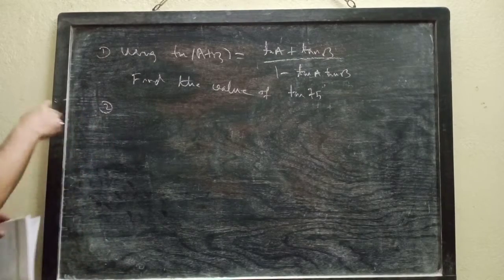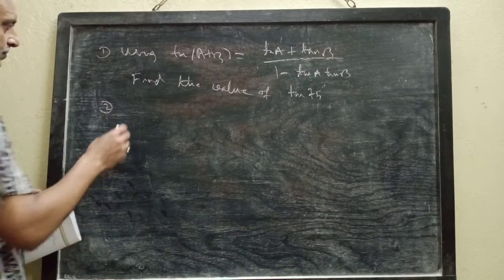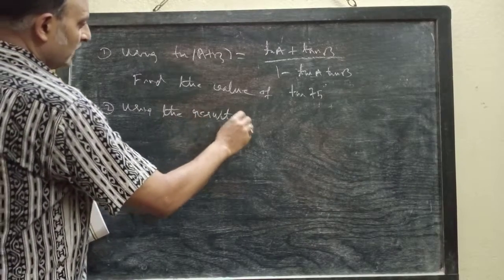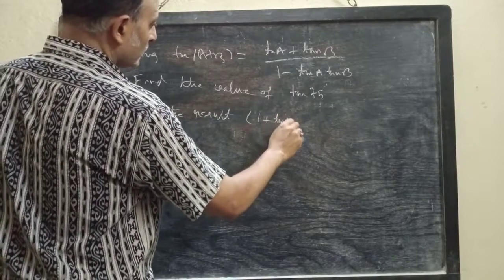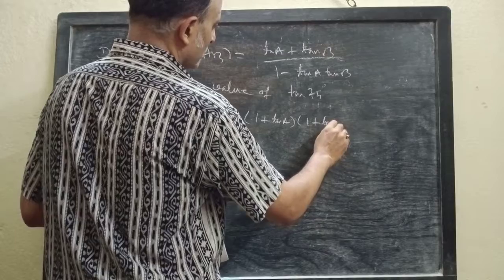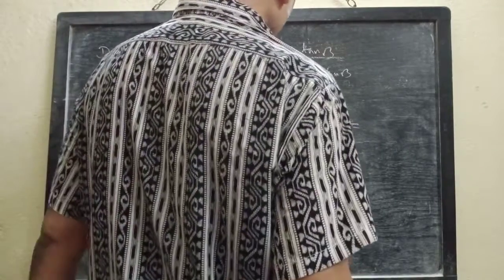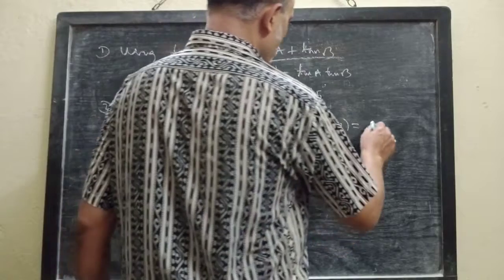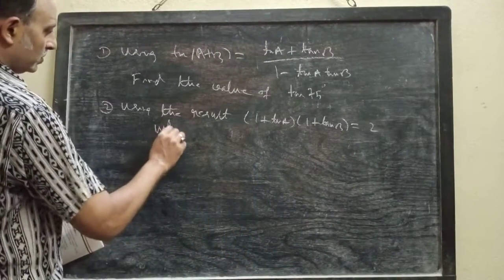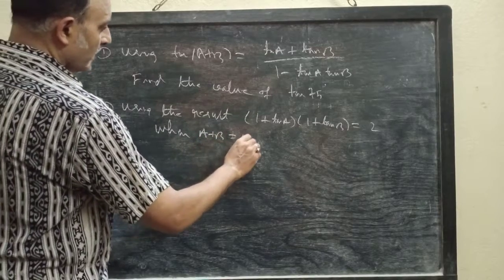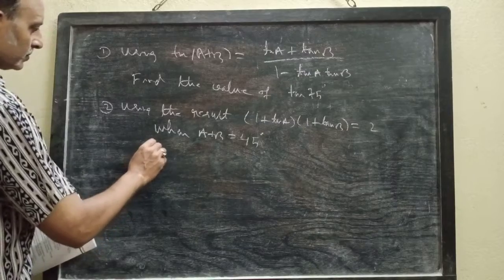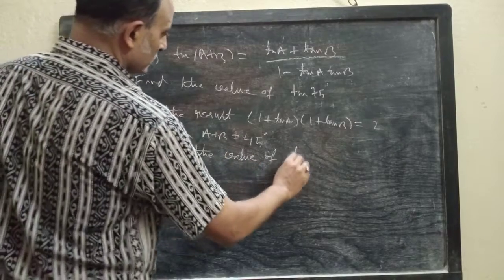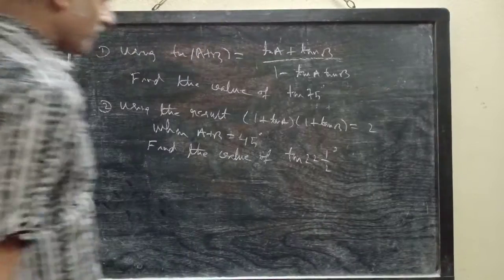Number 2. Using the result 1 plus tan A into 1 plus tan B is equals to 2 when A plus B equals to 45 degree, find the value of tan of 22.5 degree.